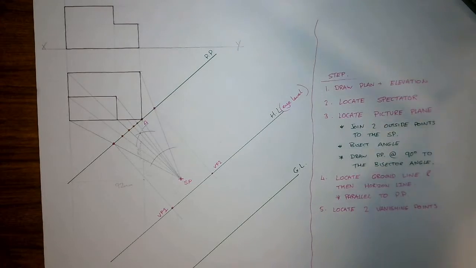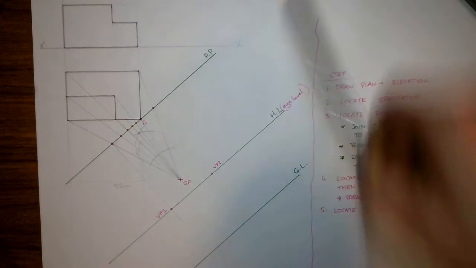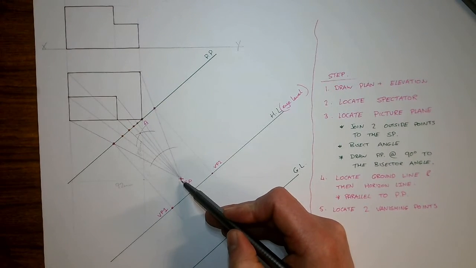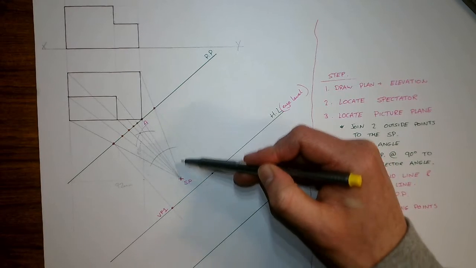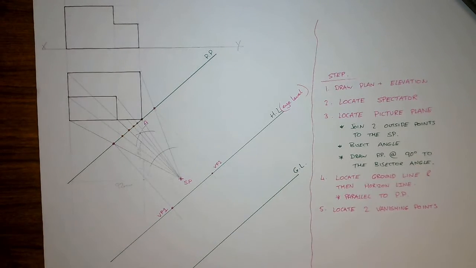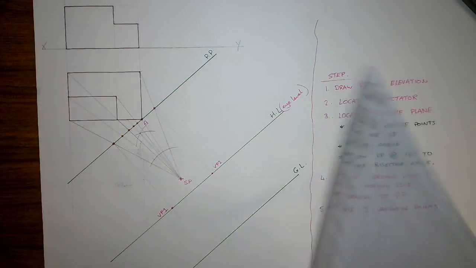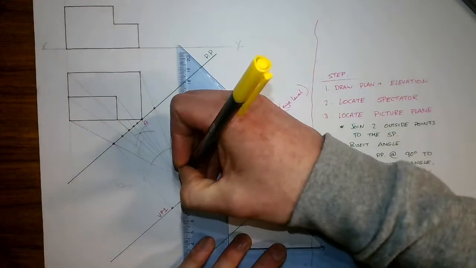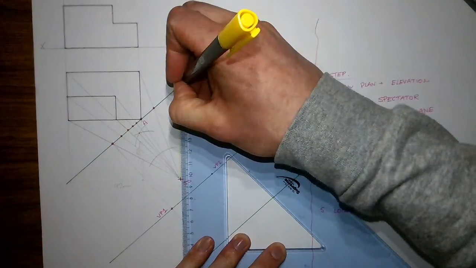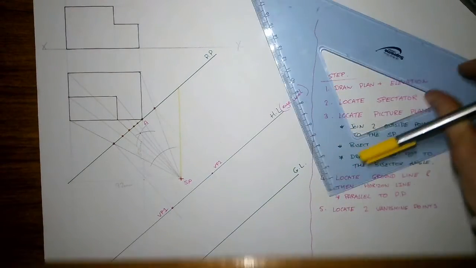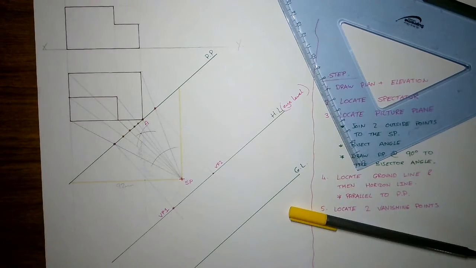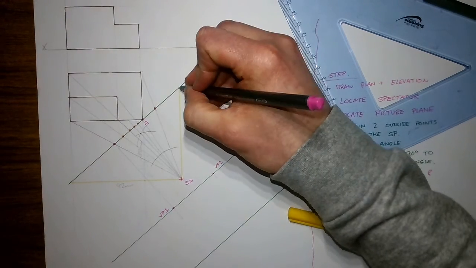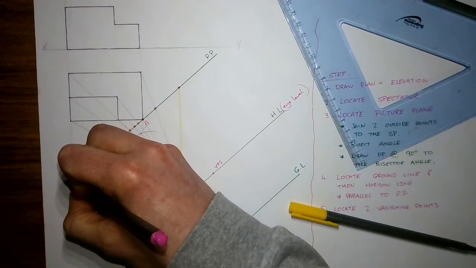So from the spectator point here, you're going to make a 90-degree angle. In other words, you're going to draw a straight line out here to touch the picture plane and a straight line up to touch the picture plane. So I'm going to do it in yellow here. So from the spectator, just draw a straight line up to meet the picture plane, and then draw a straight one out to your left here to meet the picture plane. That will give you a point here and a point there.